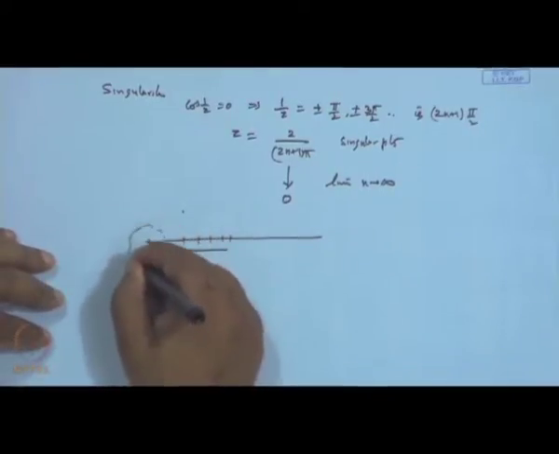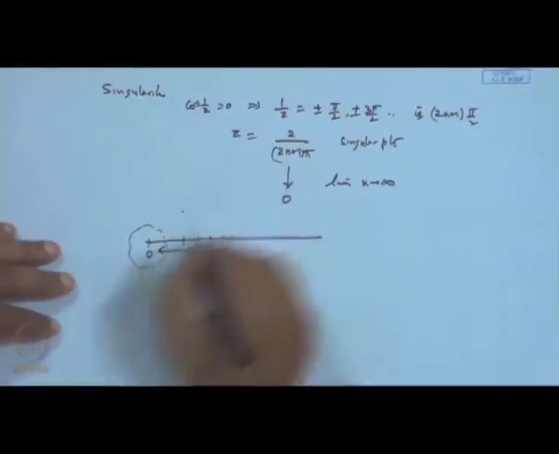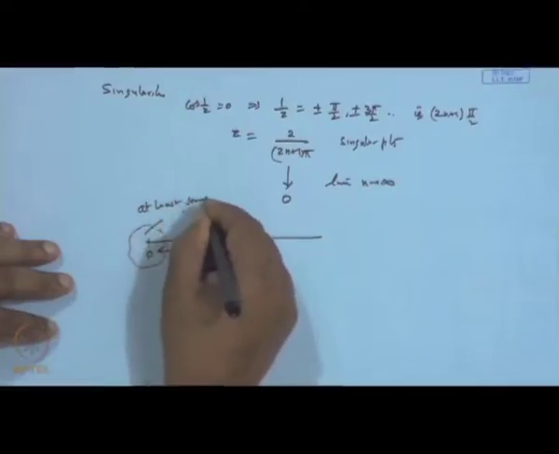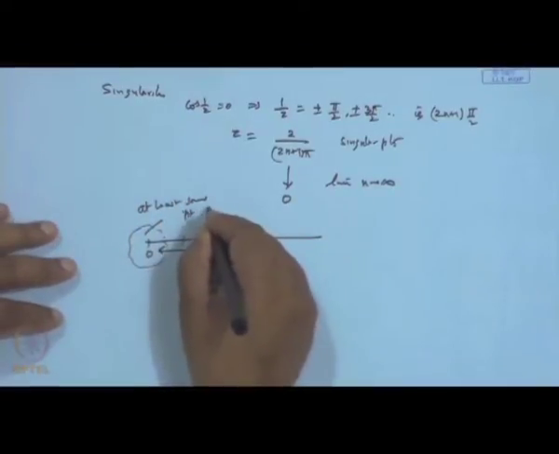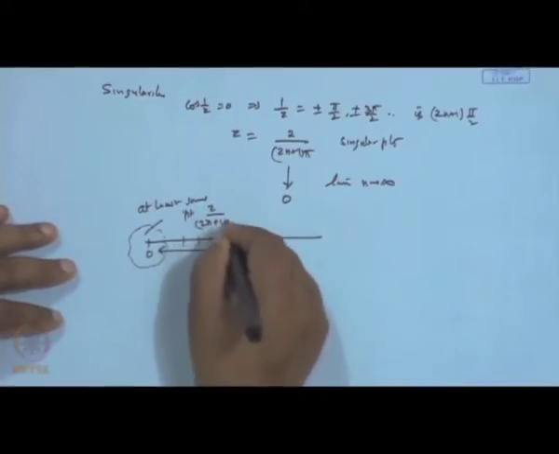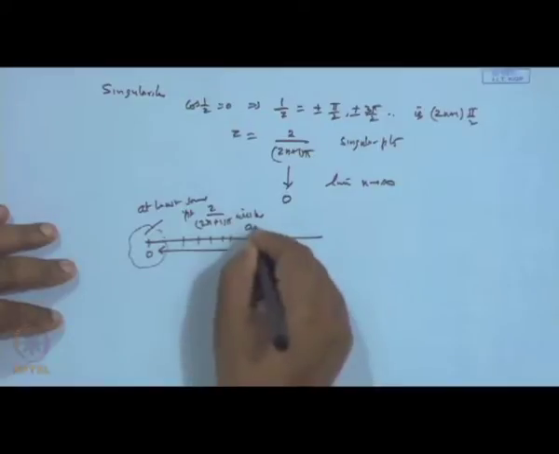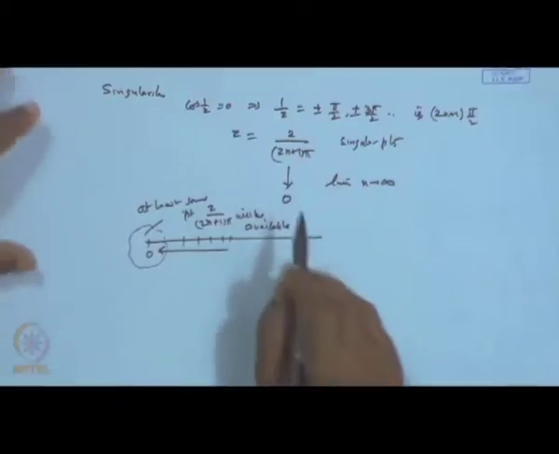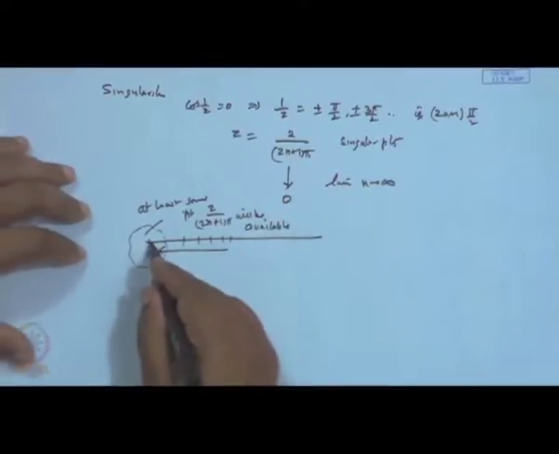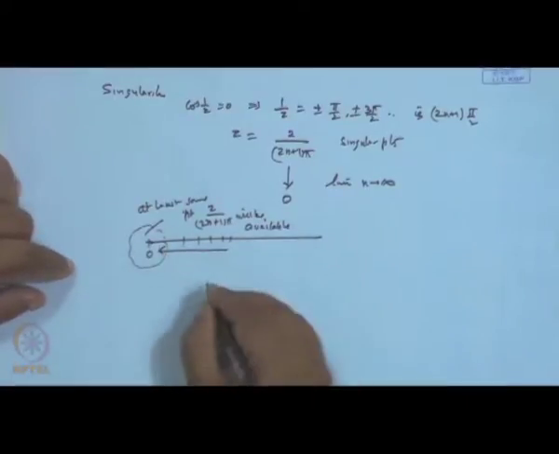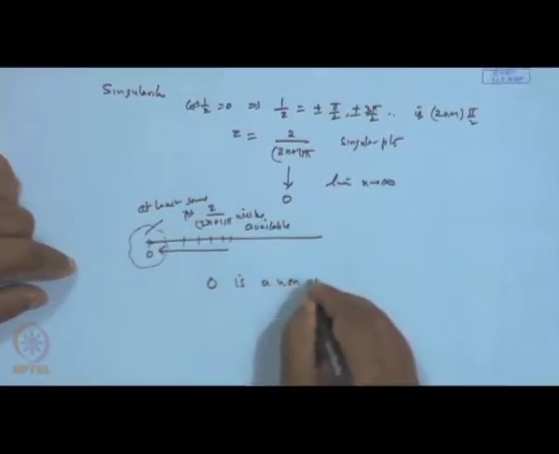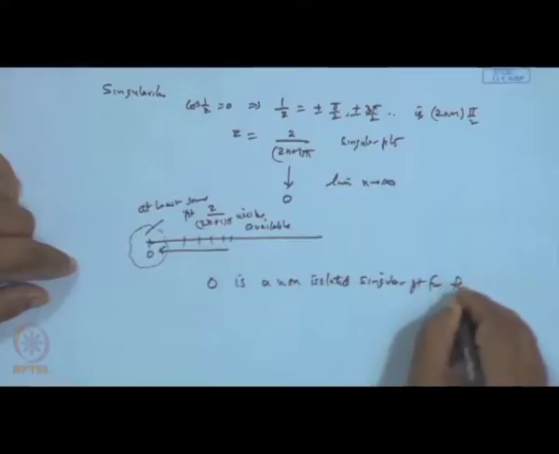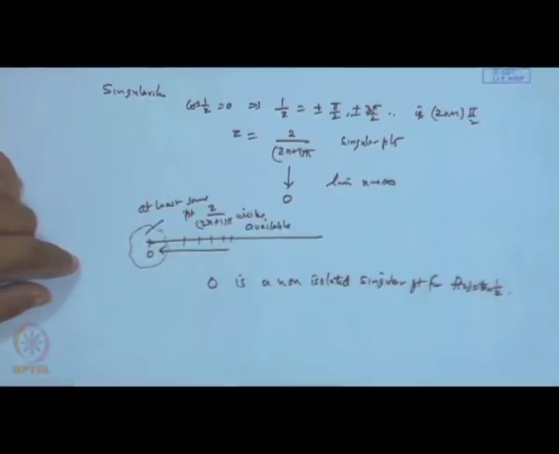So if we draw any neighborhood around the point 0, then you will get at least some point of the type 2 over (2 n plus 1) pi available in it. It means 0 is not an isolated singular point. So here 0 is a non isolated singular point for the function f z which is tan of 1 by z. This is the difference.